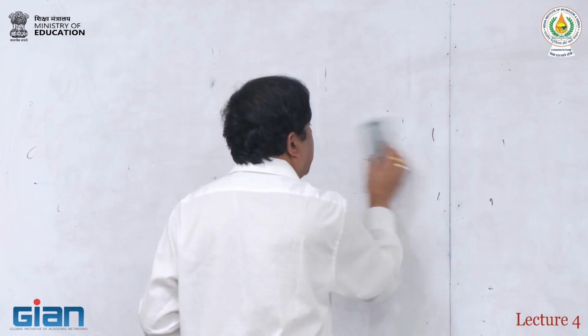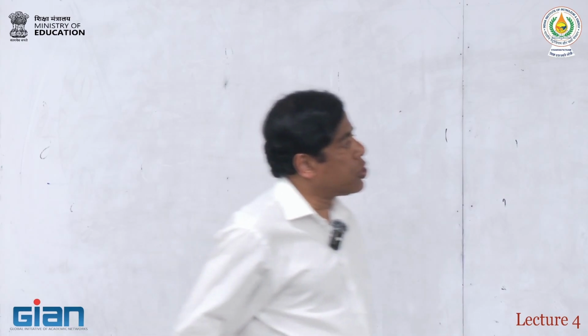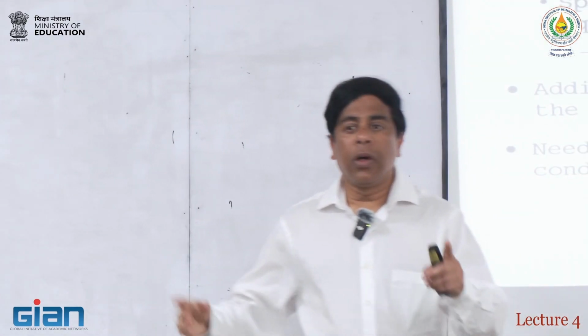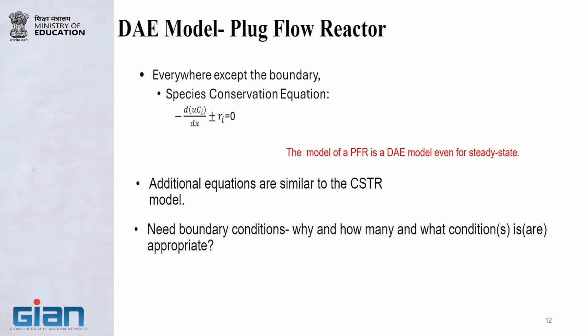How many boundary conditions do we need? Somebody said something. Don't be afraid, just say anything. This is a workshop, we're working together. Say anything you like, nothing is wrong.